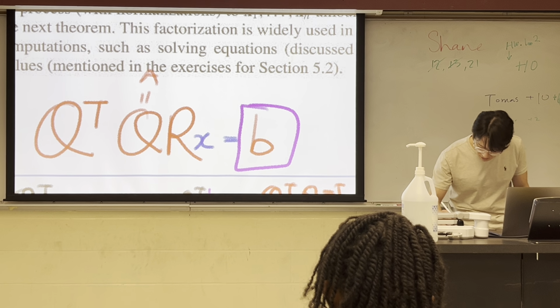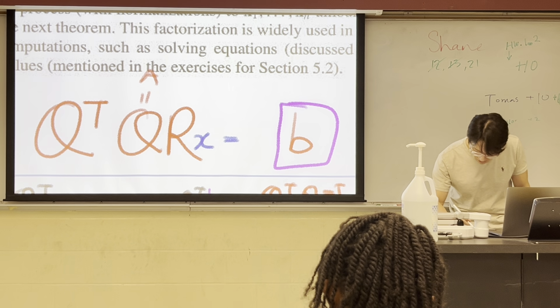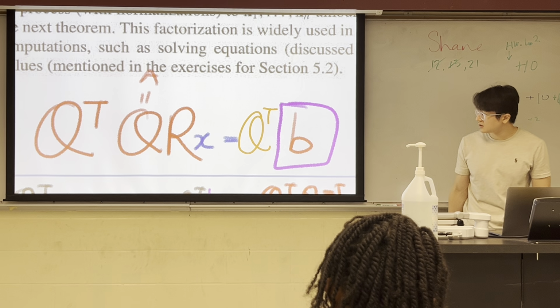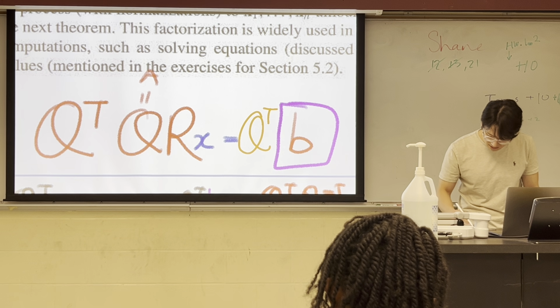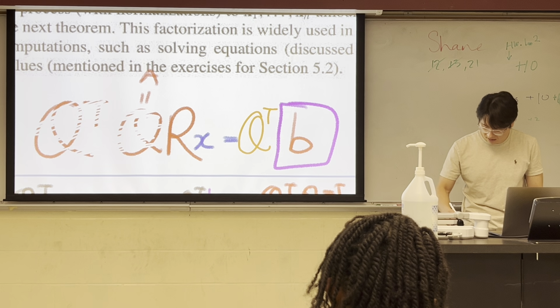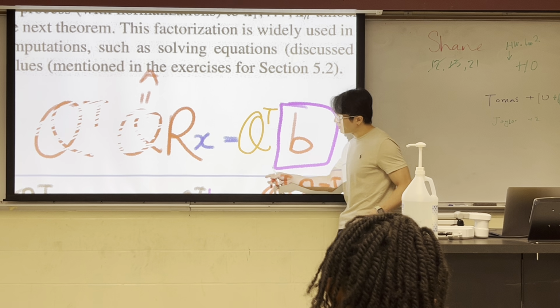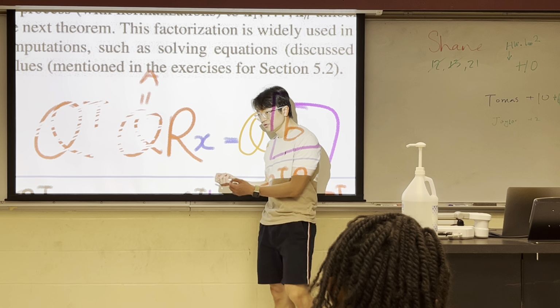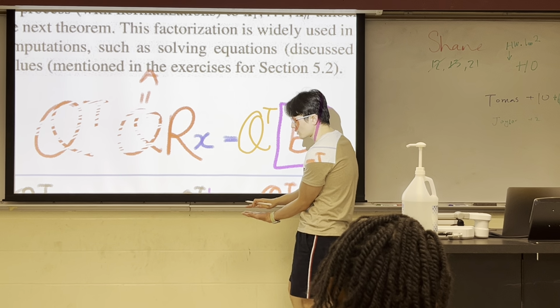So you multiply both sides from the left by Q transpose, and then this goes away because it's I. Then once we have an upper triangular matrix multiplied by X, you can find the solution from the bottom, right?